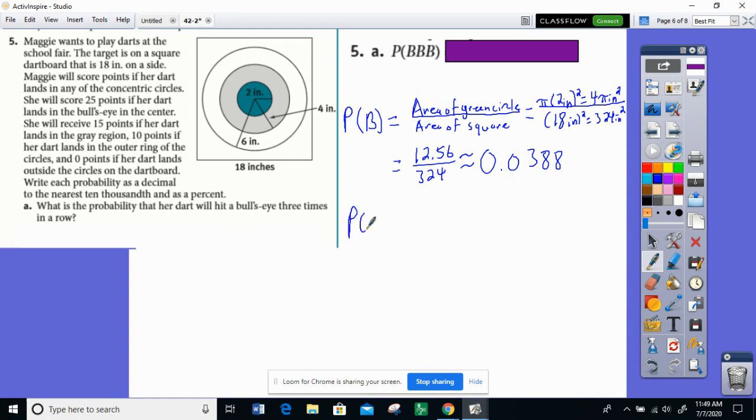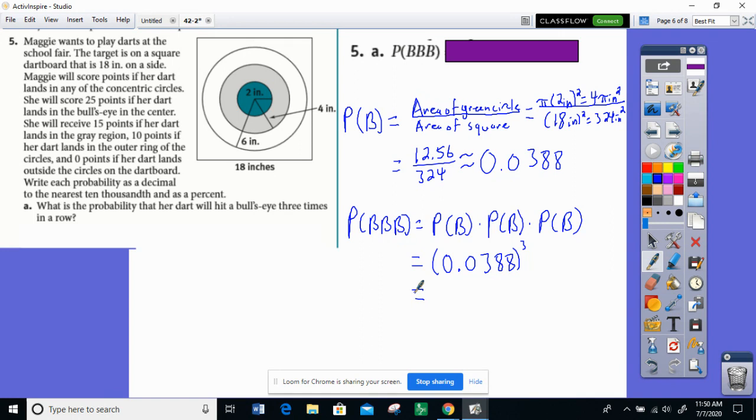So the probability of 3 bullseyes would be the probability of getting a bullseye the first time times the probability that she gets a bullseye the second time times the probability that she gets a bullseye the third time. Well, since those throws are independent of each other, that would come to be 0.0388 to the third power, which is going to be quite small.